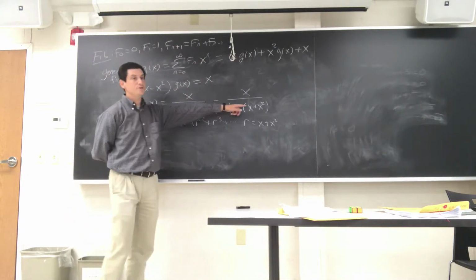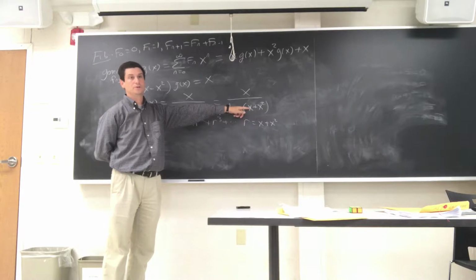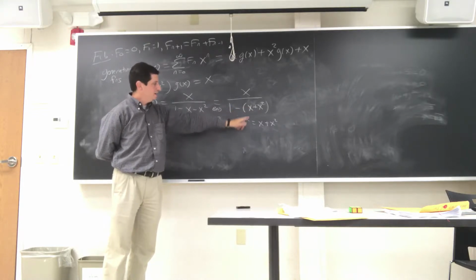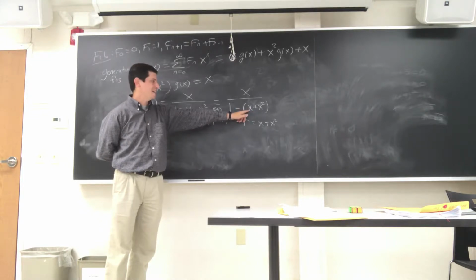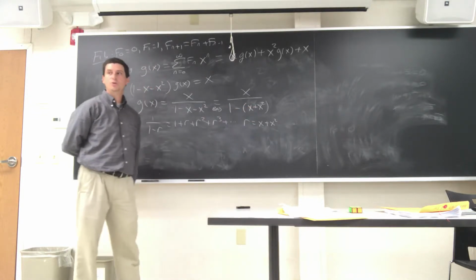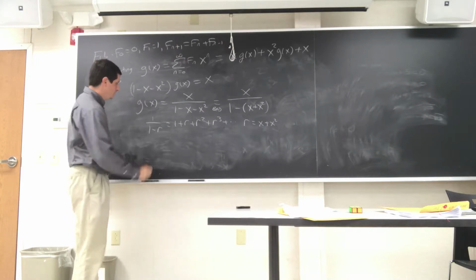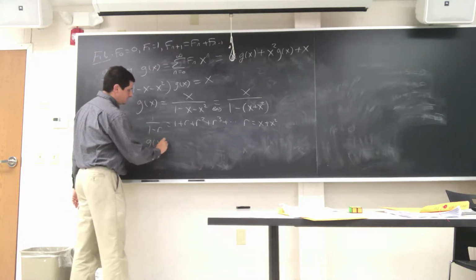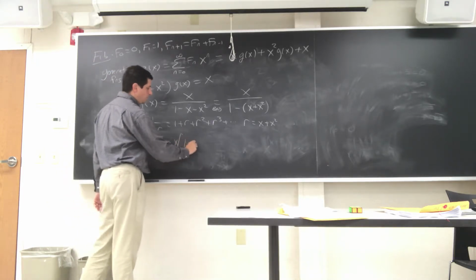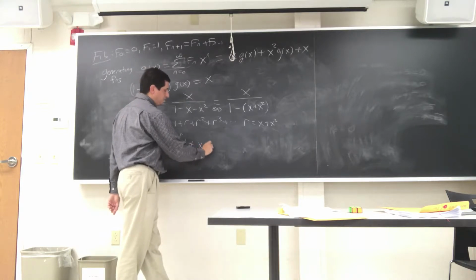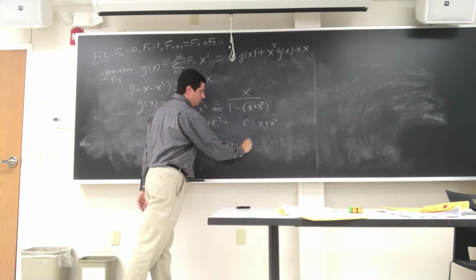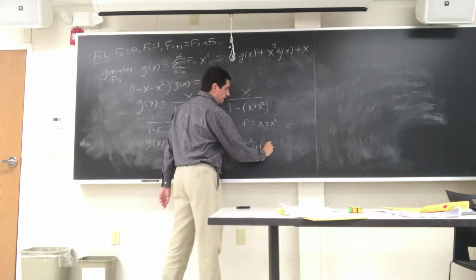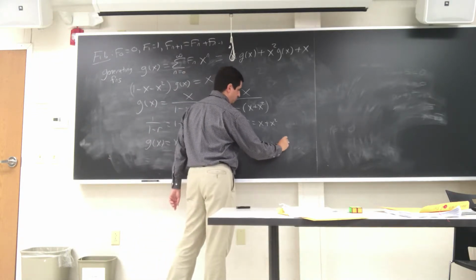So we could use the geometric series formula to expand this out. The problem with that is r is not homogeneous in x. It has a term of size x and a term of size x squared. So when you expand things out, it would be a nightmare. You would then get g of x is x times 1 plus (x plus x squared) plus (x plus x squared) squared plus (x plus x squared) cubed.